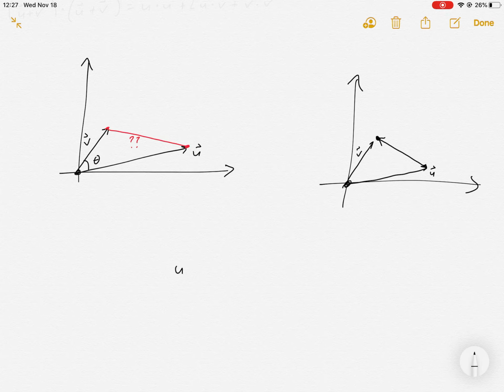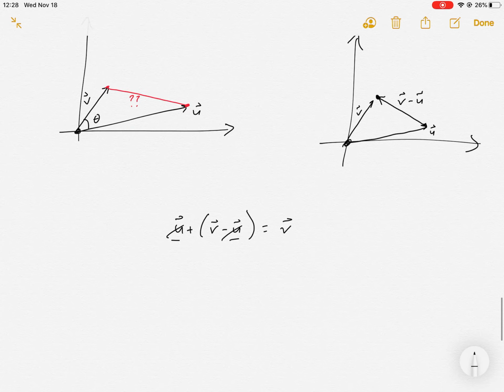So the question is, what is that vector? We can do this just by construction. If I add the vector v minus u, notice that the u's cancel out, because u minus u would just be the zero vector, and I'm just left with v. So by construction, this vector is actually v minus u.